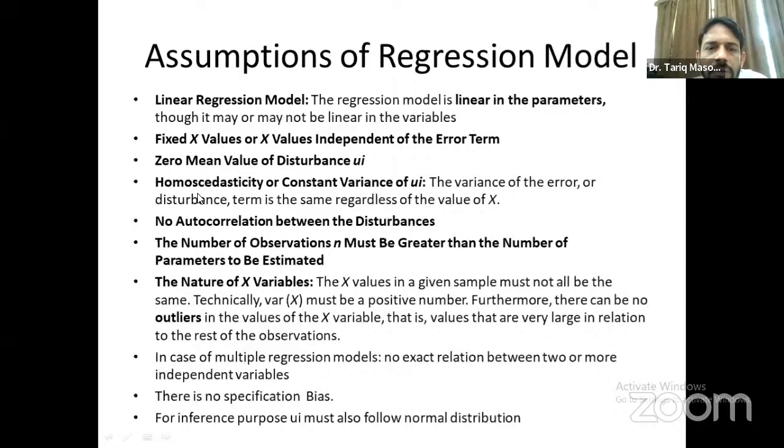Next is no autocorrelation between disturbances, no autocorrelation between error terms. This problem arises mostly in the case of time series data, because one difference between time series data and cross-sectional data is natural ordering. In time series data, there is a well-defined ordering in the data. As I said, 1991 comes after 1990.